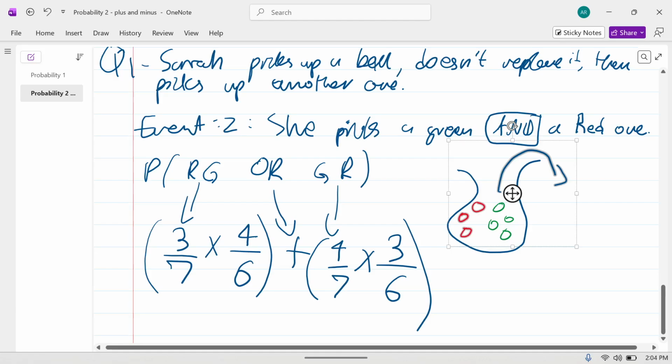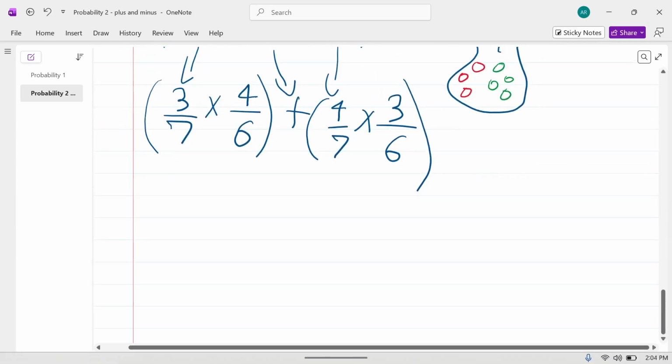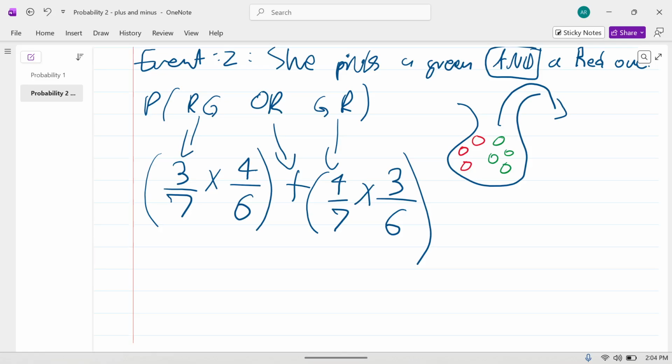Do not worry, you won't have to figure out on your own whether the event is taking place in a with replacement or a without replacement universe, because that is something you're always going to be told in the exam. It's always mentioned. You're not going to be expected to figure it out for yourself, right? You just need to know this stuff.